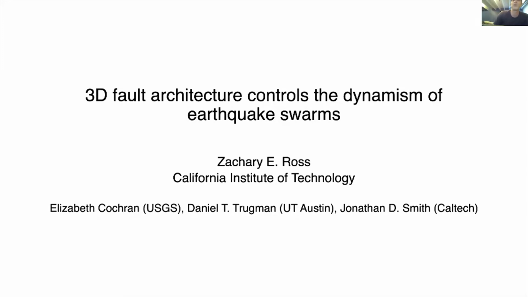My understanding is he was a postdoc at Caltech from 2016 to 2019, and now he is assistant professor at Caltech. I'd also like to note that in 2019, he won the Keiiti Aki Early Career Award from AGU. Today, he's going to tell us about 3D fault architecture controls and the dynamism of earthquake swarms. So, thank you, Zach.